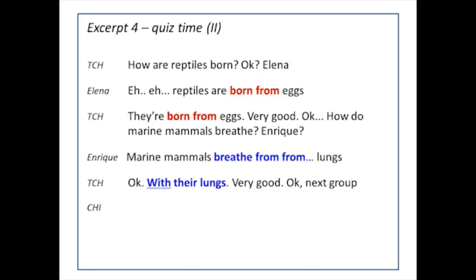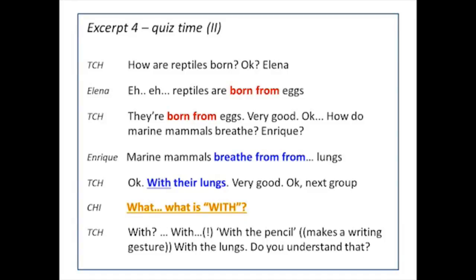And then a student says, what's with? Because here in this context, the word with has no logical meaning, because the student expects from. There you go. And of course the student understands after, well, with a pen, it's like, okay.